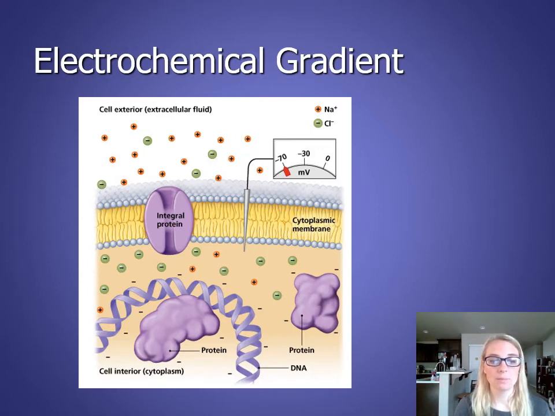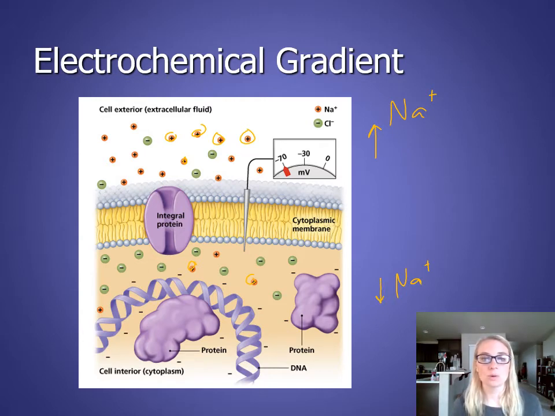The orange little circles are sodium. We have a whole bunch of sodium on the outside of the cell and very little sodium on the inside of the cell. So it's high out here and it's low inside. This is what we call a chemical gradient. So we have a separation of concentration of things.